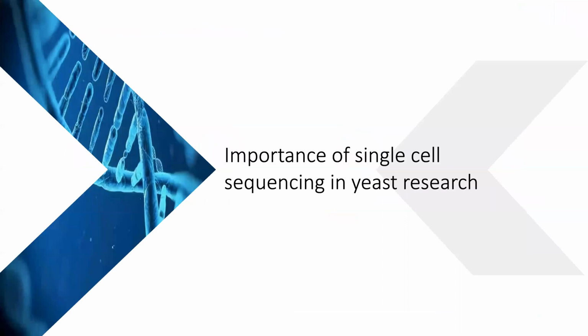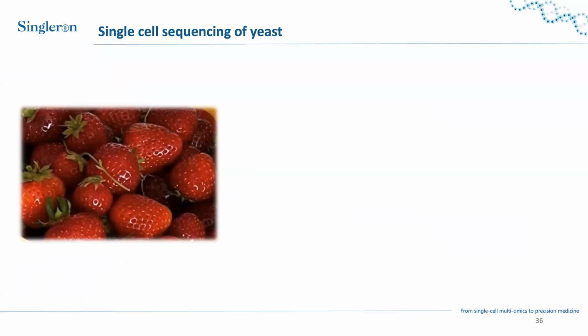So next, I will talk about the importance of single cell sequencing in yeast research. And again, I brought fruits, but this time, as you can see, it's not a fruit salad. Because for yeast, in contrast to mammalian cells, you do not have all these different cell types.